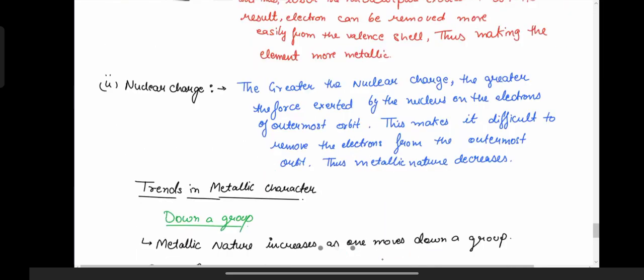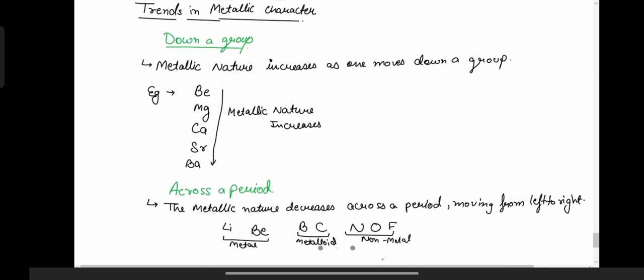Then there are the trends in the metallic character. Down the group, metallic nature increases as one moves down the group, and this is what the example could be. And across a period, what happens? The metallic character decreases, right? There is an example also for period 1. Now we will move to the non-metallic character.